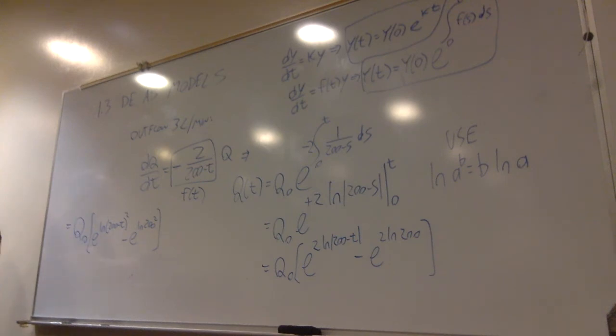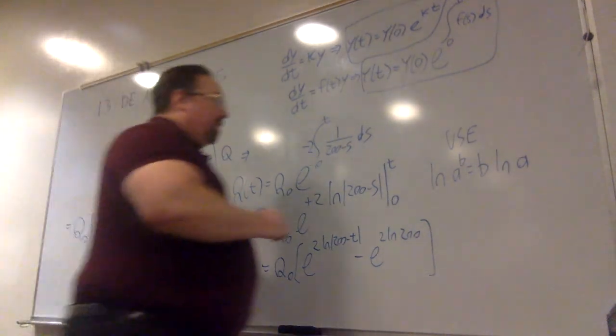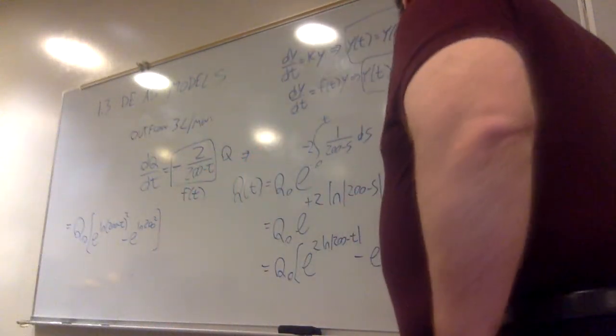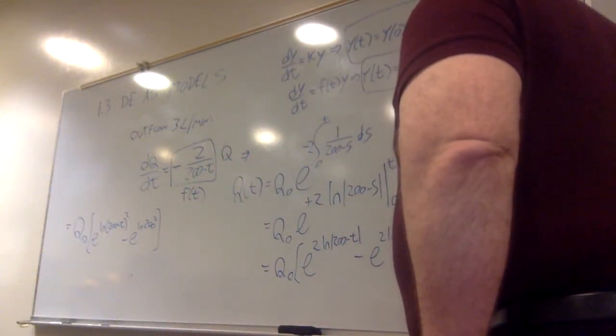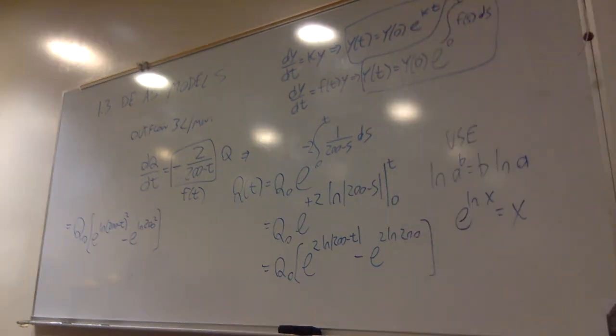Because I moved that 2, e to the natural log of x is just x. The 2 in front of the natural log was something I could not cancel.